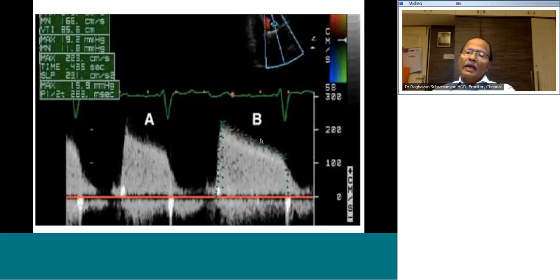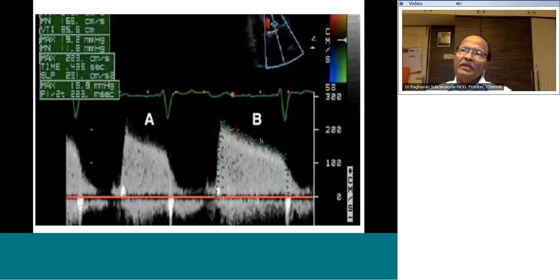Now, gradient is only one criterion for assessing severity. In general, the higher the gradient, the more severe the mitral stenosis. Please remember that a gradient is related to cardiac output. If you have mild mitral stenosis and a high cardiac output, you will have a high gradient.